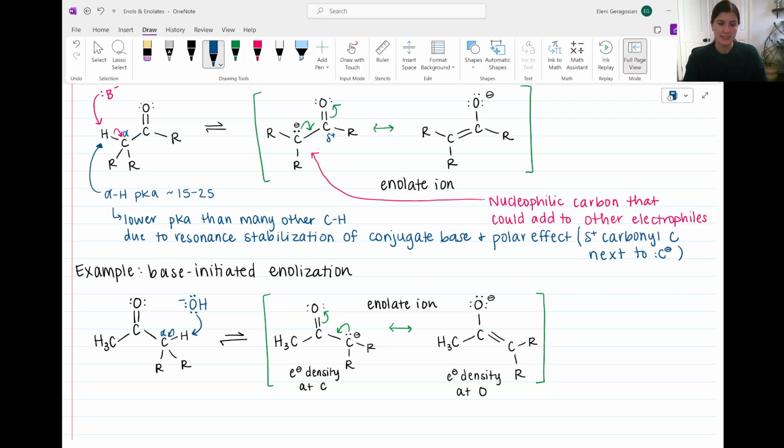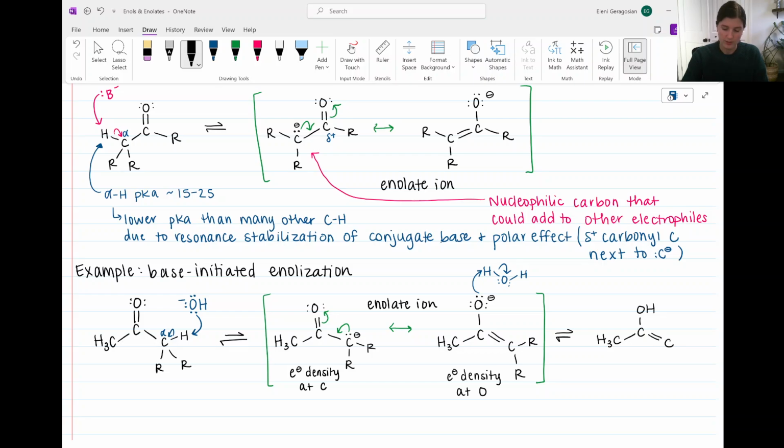So if we're in basic conditions, the basic version of water, OH-, removes the hydrogen. Neutral version of water can then donate a proton, and we get our final enol form. So we formed the alcohol group.